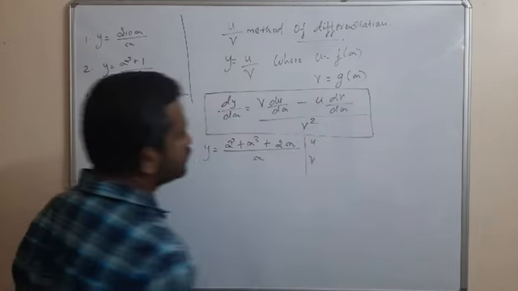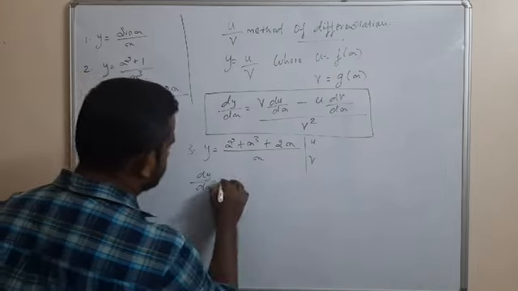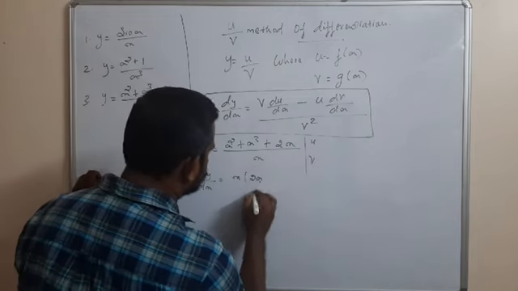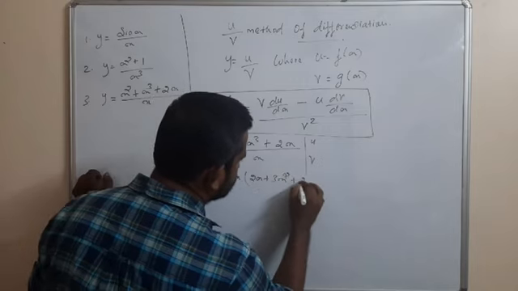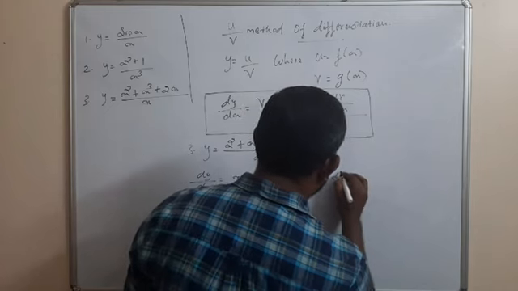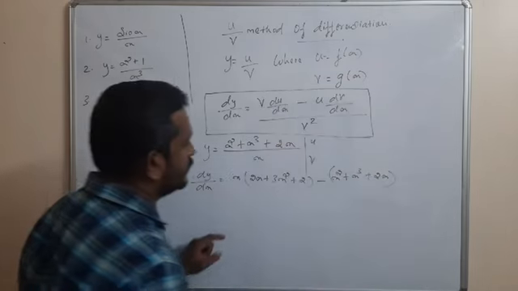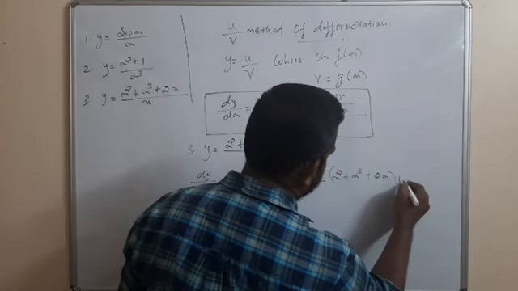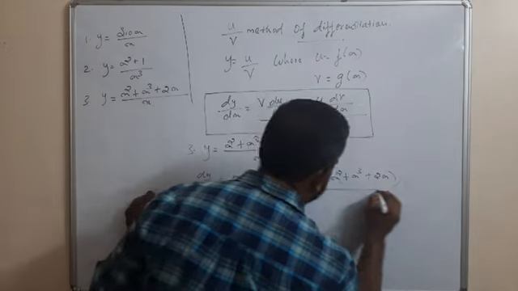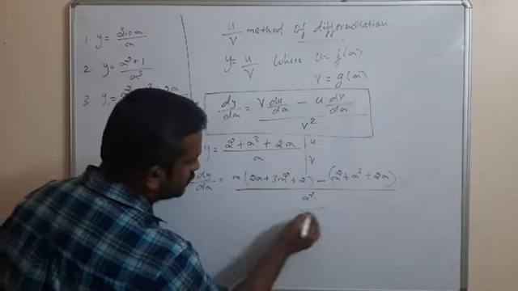So this is u, this is v. dy by dx equal to v into du by dx, that is x into 2x plus 3x square plus 2, minus u into dv by dx, that is x square plus x cube plus 2x into 1, the whole divided by v square, that is x square. So this is the differentiation.